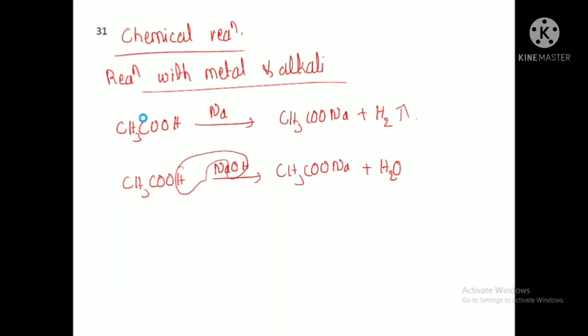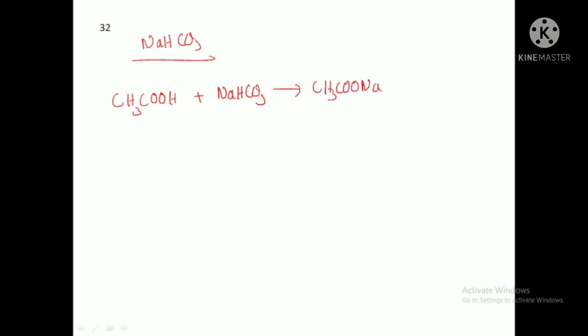Next is reaction with NaHCO3, sodium hydrogen carbonate. I'll take acetic acid CH3COOH. This will react with sodium hydrogen carbonate to form CH3COONa plus H2O plus CO2.